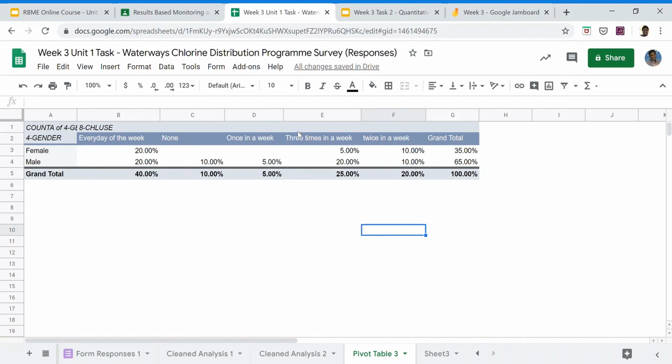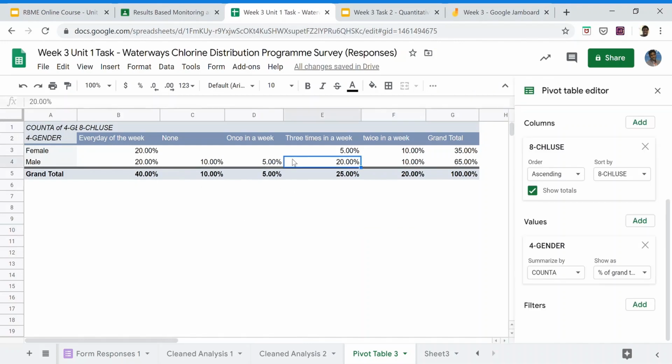You can have this in form of percentages, and this is what the table shows you. 40% of the respondents say they're using this every day of the week. 25% said they've used it 3 times in a week. They've used chlorine to purify their water in a week, so that's what it means.